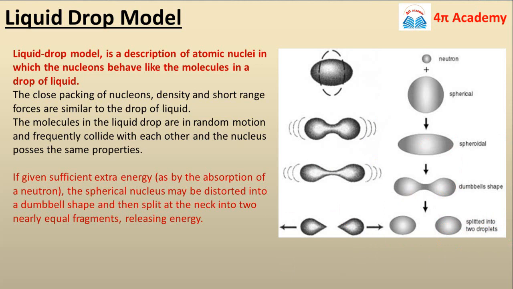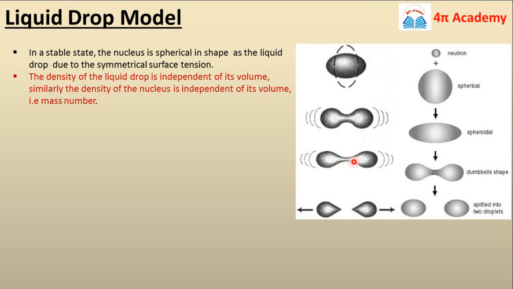If we are talking about the stable condition, in the stable state our nucleus is spherical in shape, and the liquid drop is also spherical in shape. The spherical shape is due to the surface tension, which is uniformly distributed on the surface.